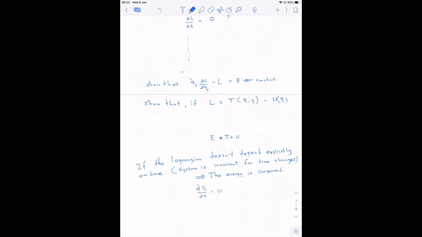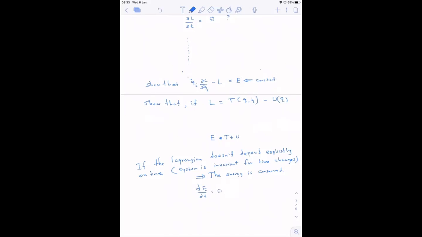Energy is a constant. So basically, you have learned about the conservation of energy before as well, but the interesting thing here is that just by looking at the Lagrangian, you can tell whether energy is conserved or not in a system. What you just need to look at is whether the Lagrangian depends on time or not.